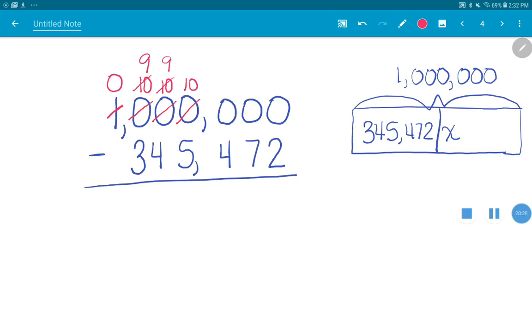No. Okay, so now I have to take one of my thousands, and where am I going to put one of those thousands? What will I do? You have to cross the 10 out again and make it a 9 so you can give 10 to the hundreds. Now I'm giving 10 to the hundreds. Does that help me? No. Still doesn't help me with my 1 situation. So Maggie, what do I do next?